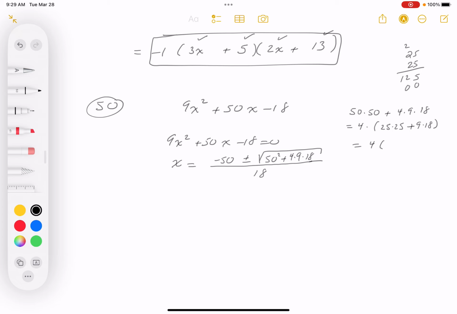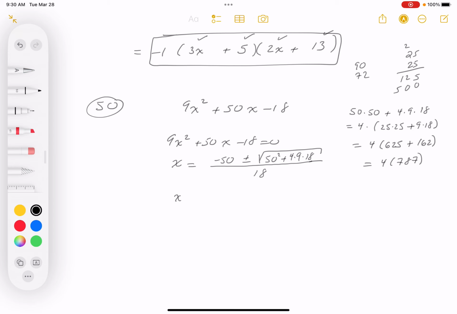Carry the 1, and you get 625, plus, well, 9 times 18: 90, and 9 times 8 is 72. That's 162. And what do you get there? It's going to be 4, and then you're going to get 787. Let me write that down for you.